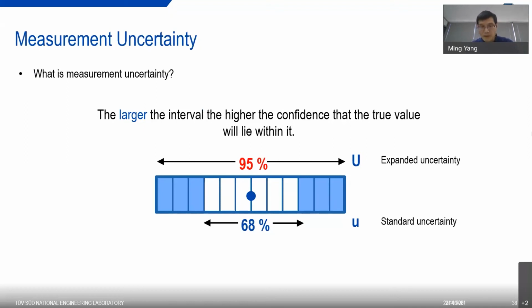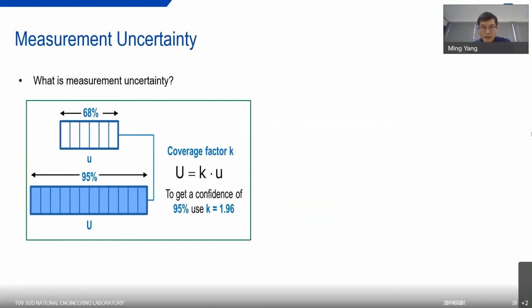The other is expanded uncertainty, 95% confidence. The two are very much linked. If you know the standard uncertainty and multiply it by this coverage factor k, which is 1.96, then you can work out the expanded uncertainty.